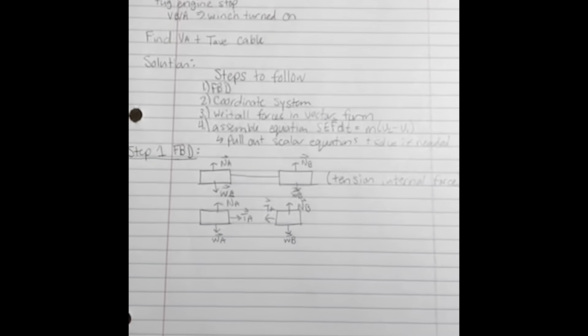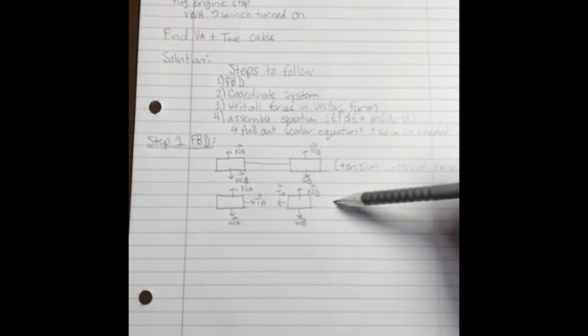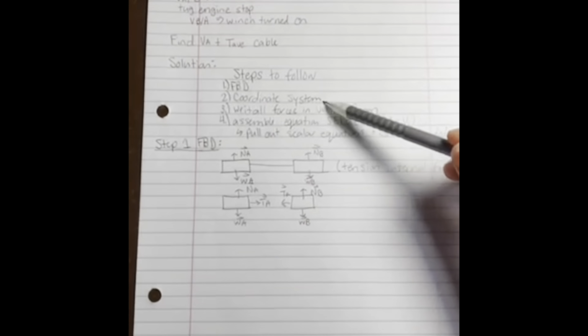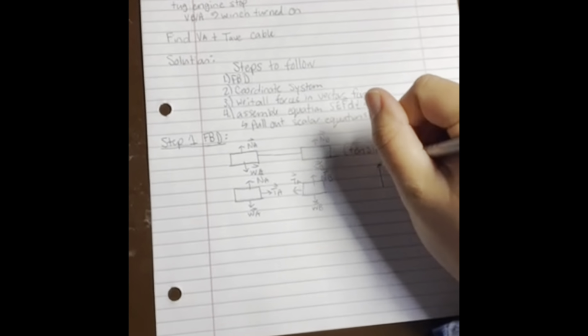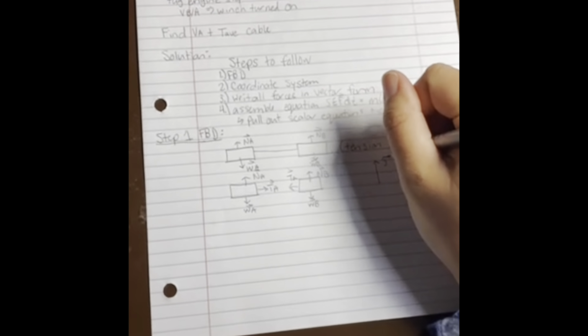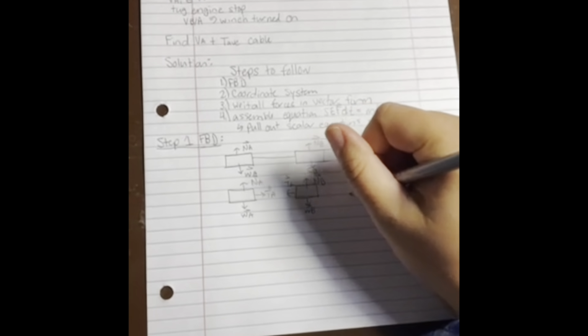Alrighty, now that we have our step 1 done, our free body diagrams with our whole system and then our separate systems, you are going to want to set a coordinate system, which is our step 2. To set a coordinate system, you can set it up however you want, but for me, I'm going to make upwards be the positive J direction and to the left be the positive I direction.